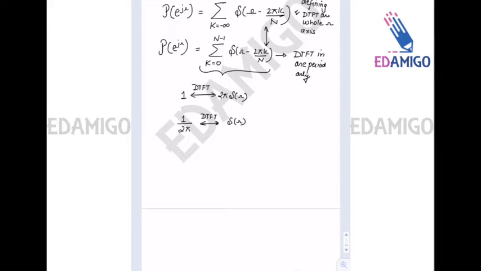Here also I am defining DTFT only for one period itself. 1 has DTFT 2 pi delta sigma only for one period, that is from minus pi to pi. So here also I am defining for one period only.